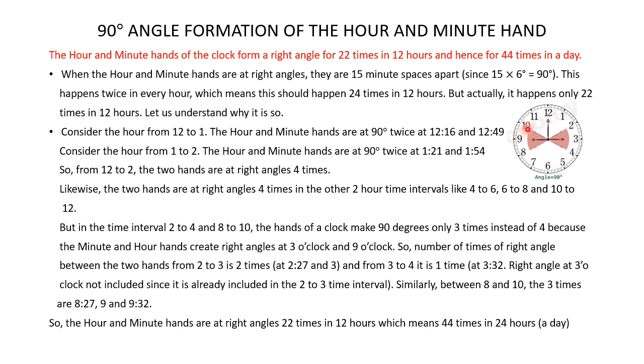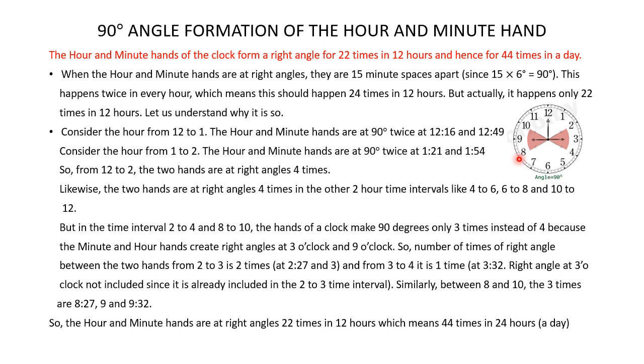Now between 9 and 10, the two hands of the clock are at right angles 2 times. Once at 9 o'clock and the next time at 9:32. Now as you can see, this 9 o'clock is common between 8 and 9 and 9 and 10.